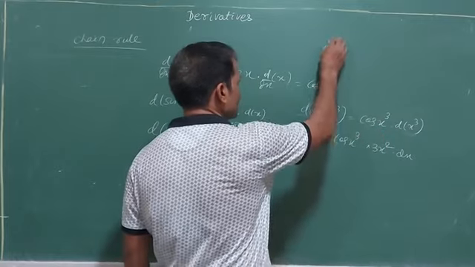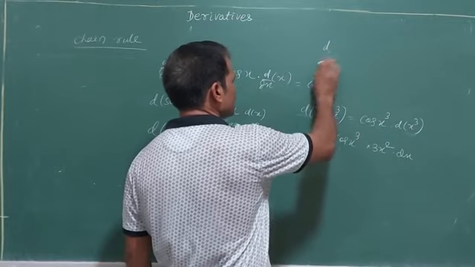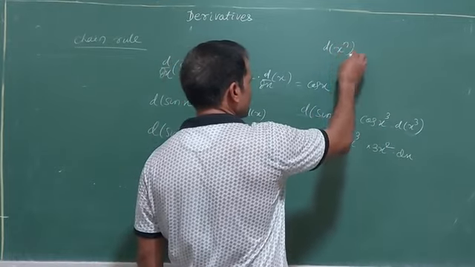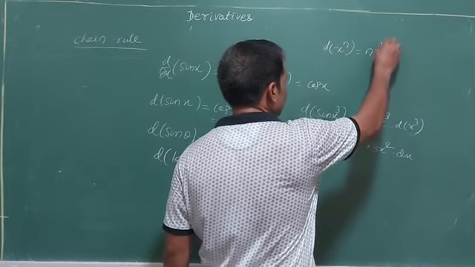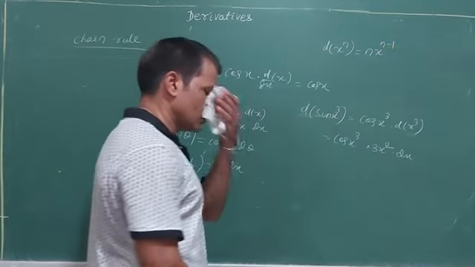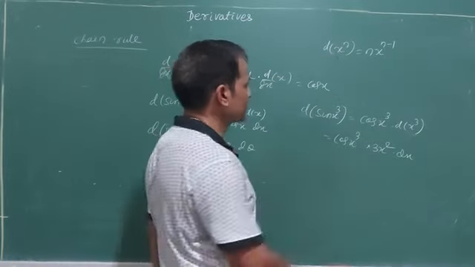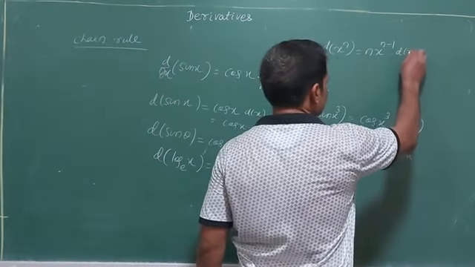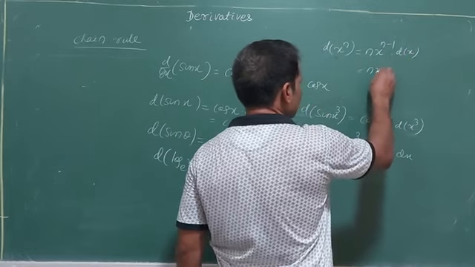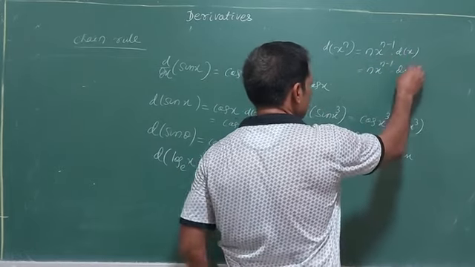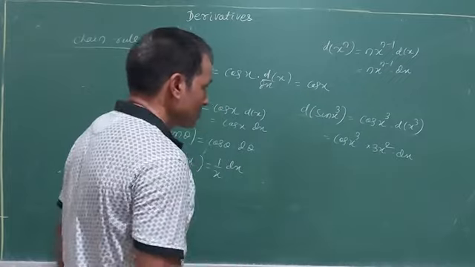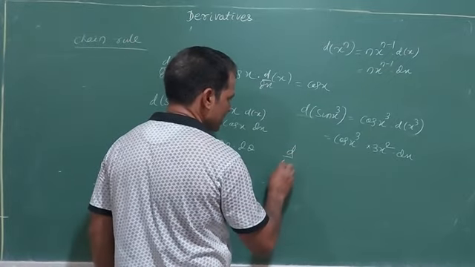Where has it come from? d of x to the power n, the formula is n x to the power n minus 1. Is it going to stop here? No. I did the derivative of x to the power n, then the derivative of x, that is d of x, so n minus 1 into dx. So the same way I write d by dx of sin x cube.